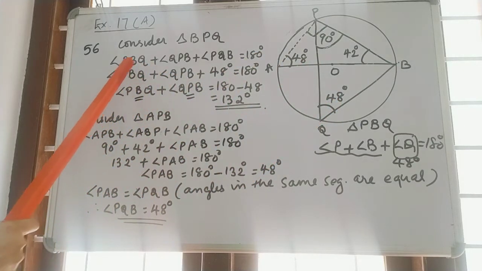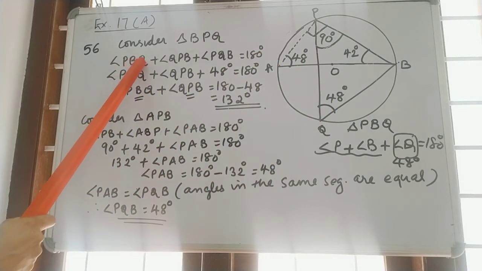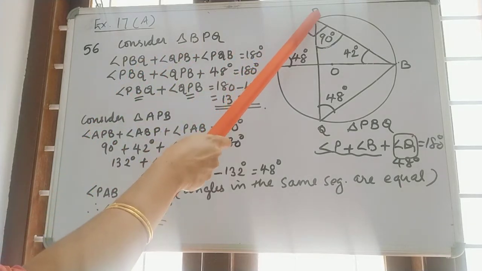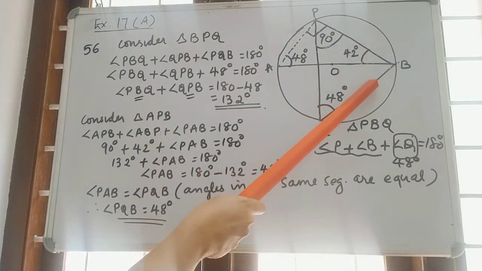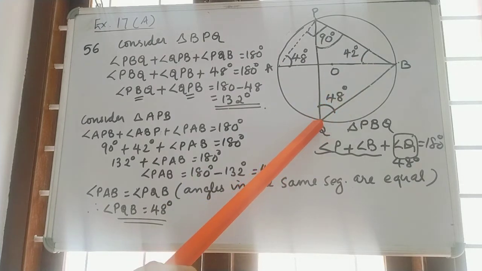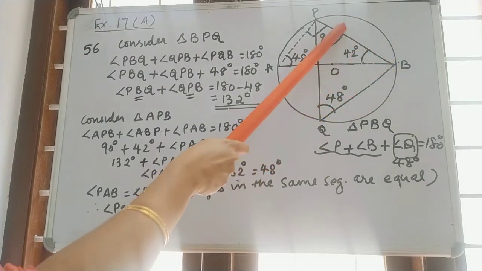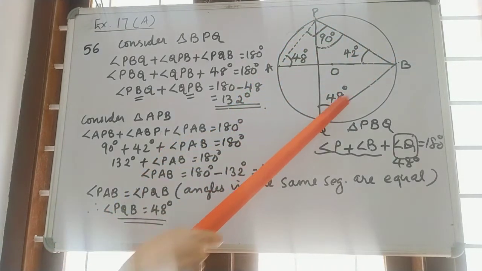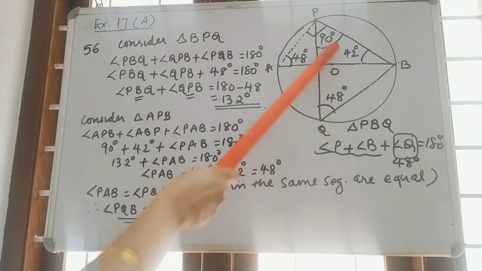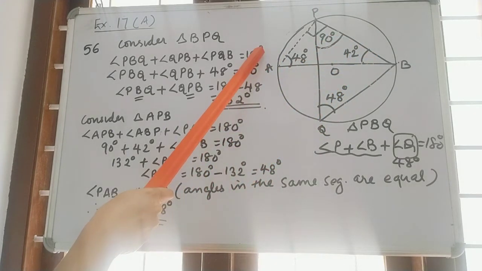So we are writing it this way. Angle PBQ plus angle QPB plus angle PQB, these three angles sum to 180 degrees.